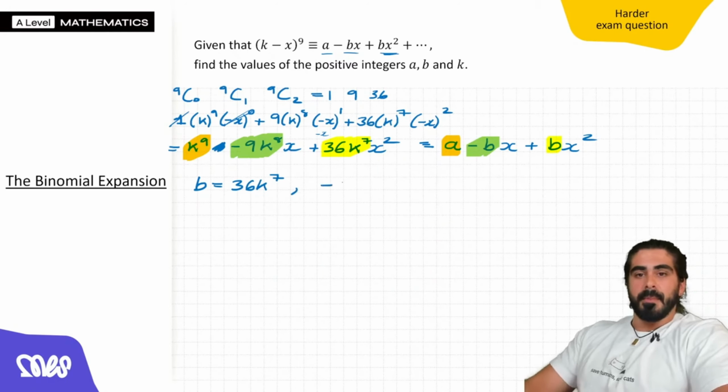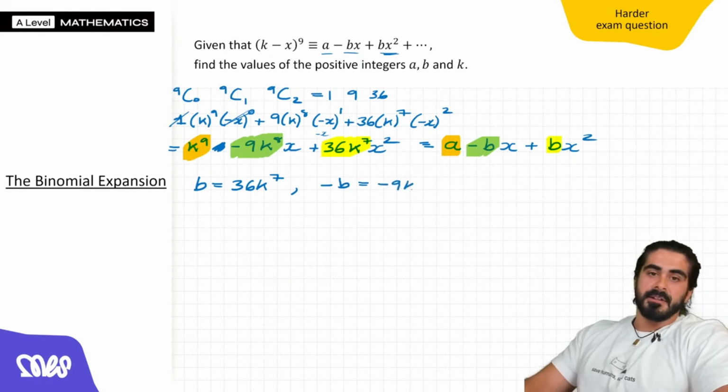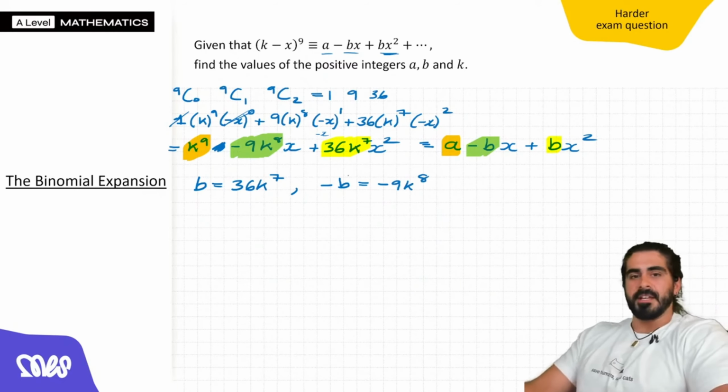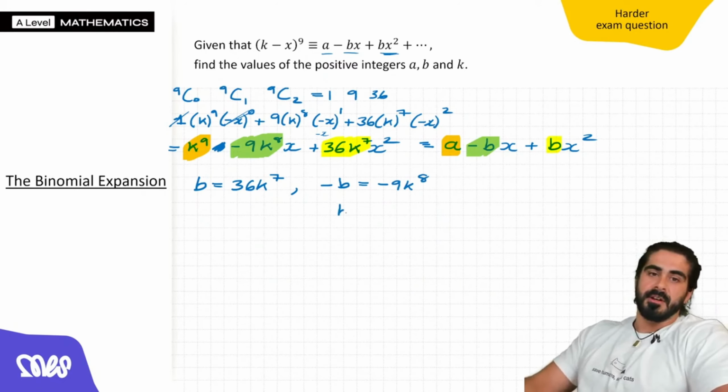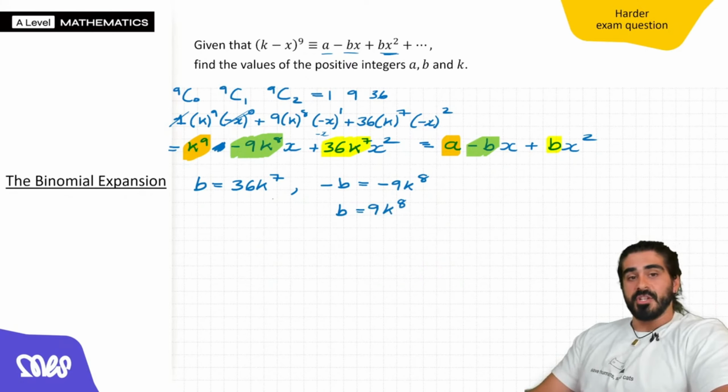Also, minus b, if we look at the coefficients of x, the green, minus b is minus 9k to the power of 8. Now hopefully you should be tempted to do something here, times both sides by minus 1. We get b equals 9k to the power of 8. We can actually form a connection here, right? b equals 36k to the power of 7, and b equals 9k to the power of 8.